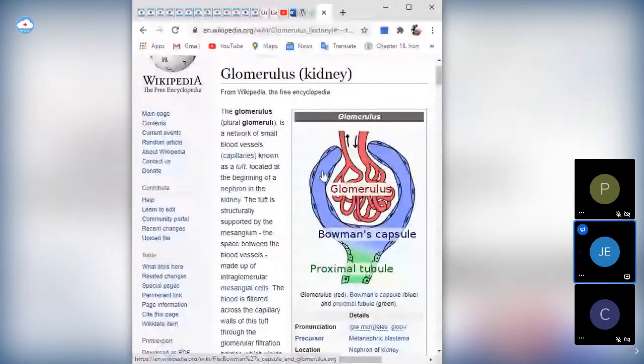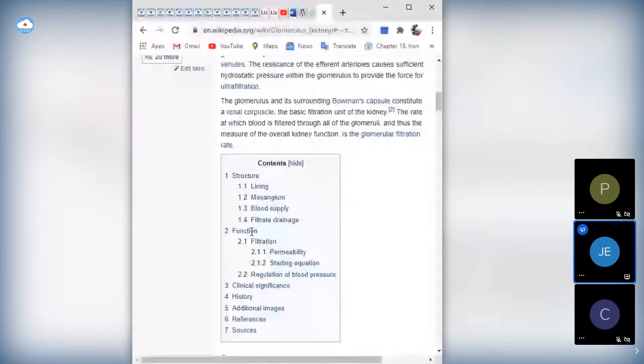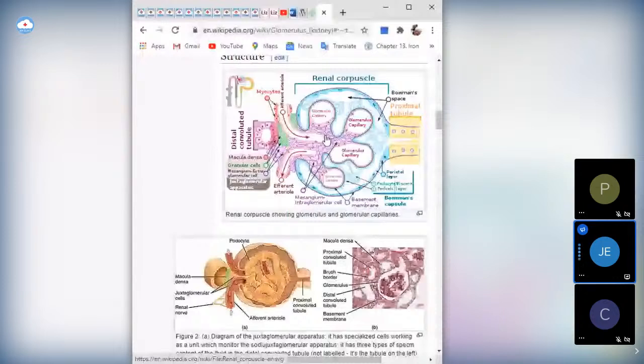So: inflow, glomerulus, outflow, Bowman's capsule, proximal tubule. Let's look at how it works. The afferent is the inflow. Blood gets filtered by passing through all the layers of the renal corpuscle, then eventually produces urine, which flows down the proximal convoluted tubule.